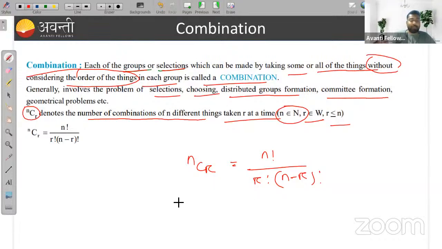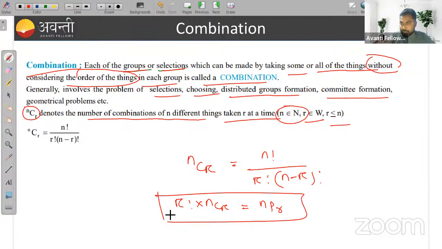That is, r! × nCr = nPr. Remember, arranging r objects out of n objects is equal to r! times selecting r objects out of n objects. Remember this formula only.